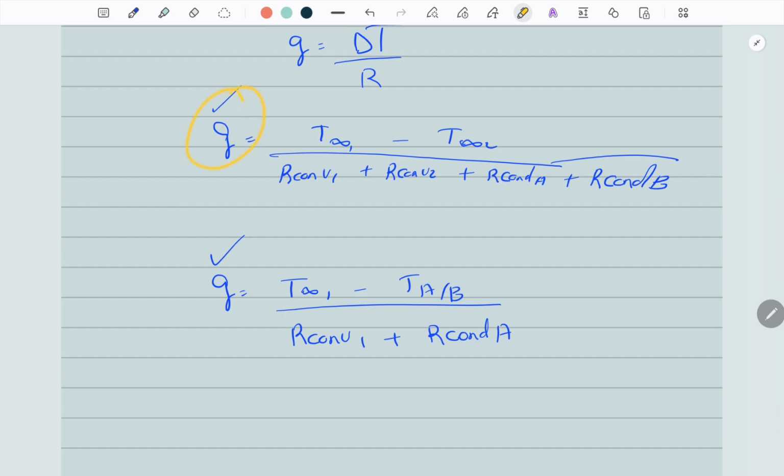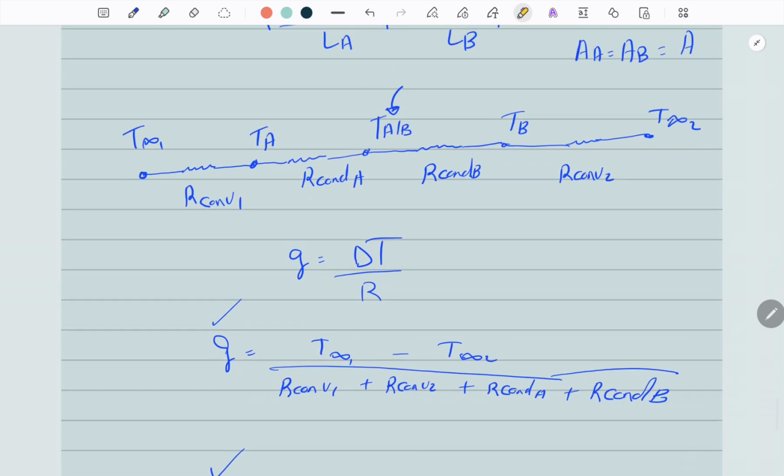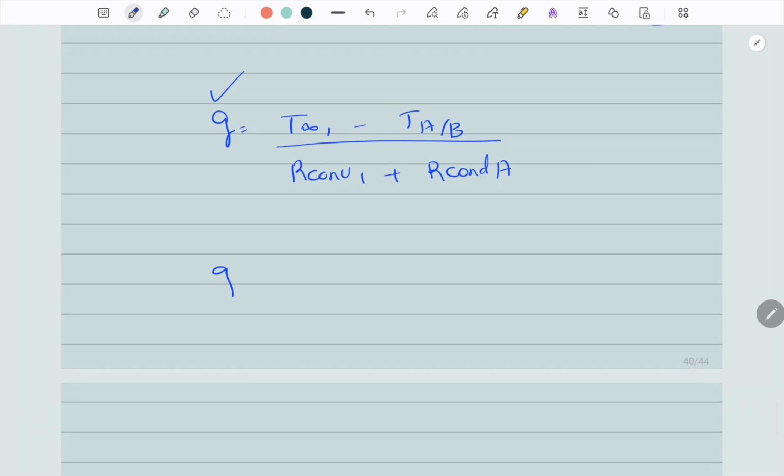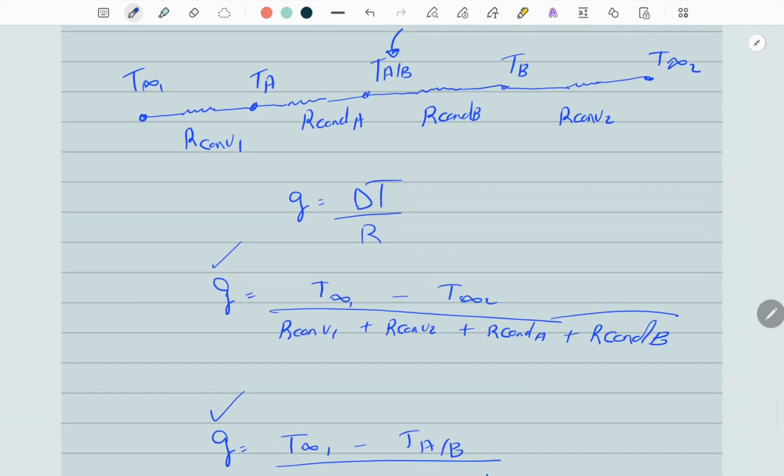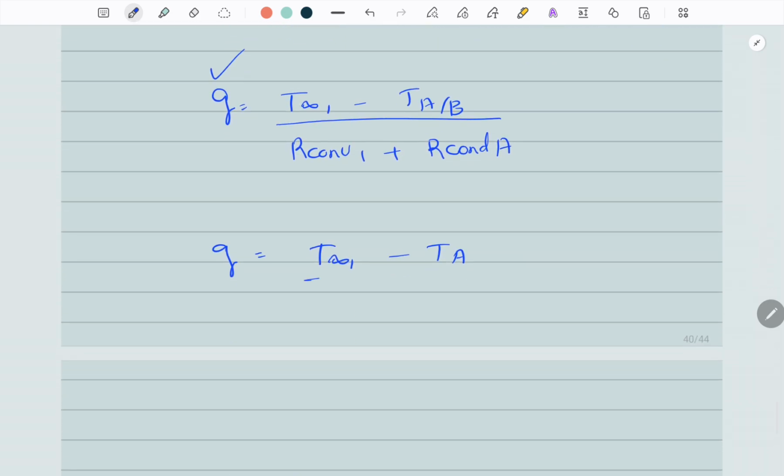You solved for it in the previous step. The only unknown here is TAB. Okay? Again, for example, if you're asked to find TA, which is an unknown, you can say that Q equals T infinity 1 minus TA, that is the cutting point here, and the resistance is the resistance in the middle, which is R convection 1, and so on.